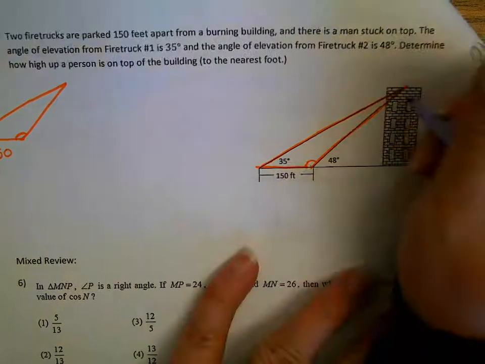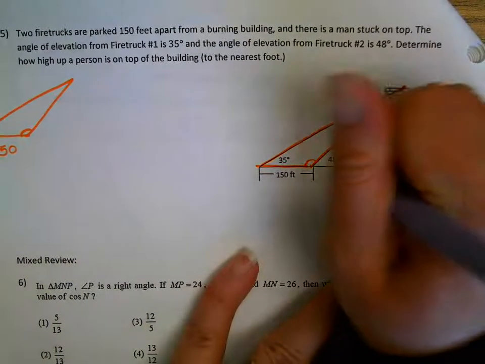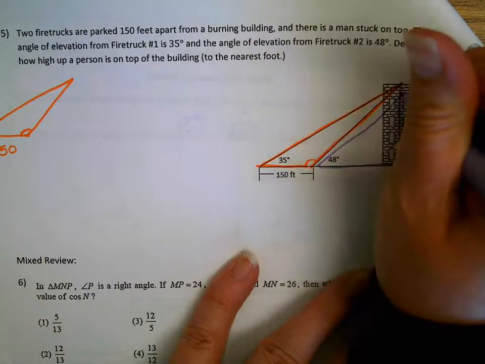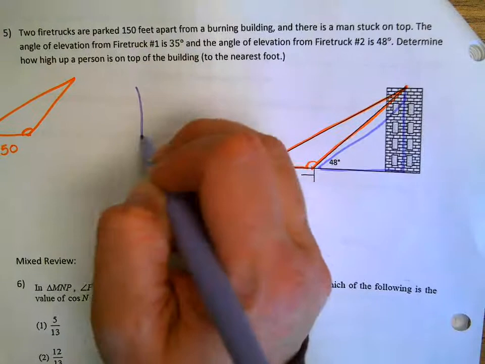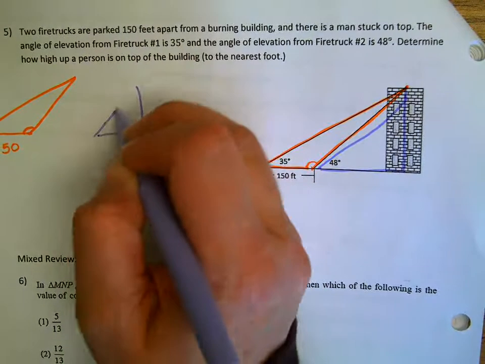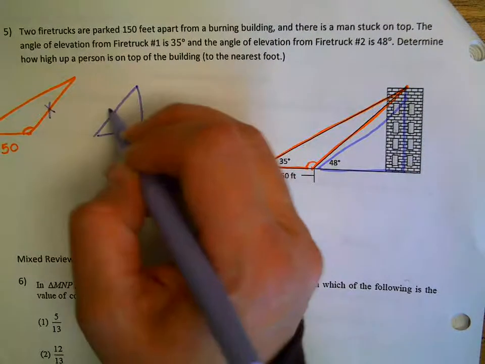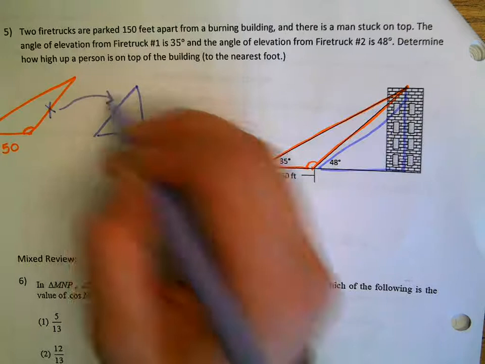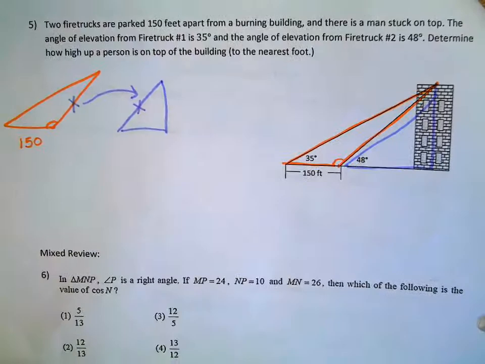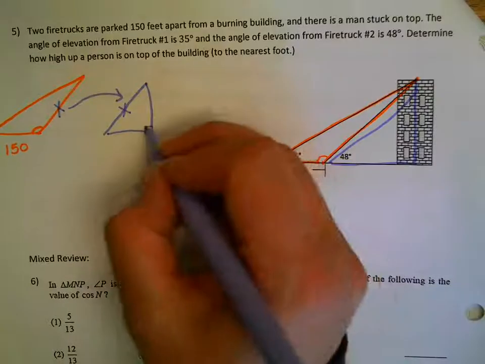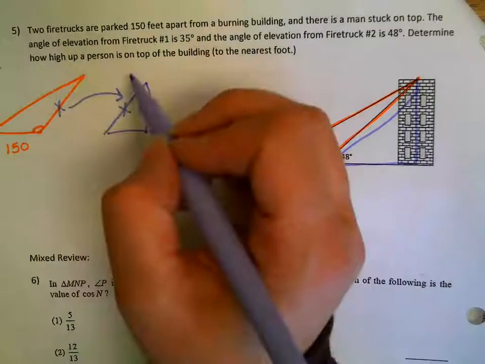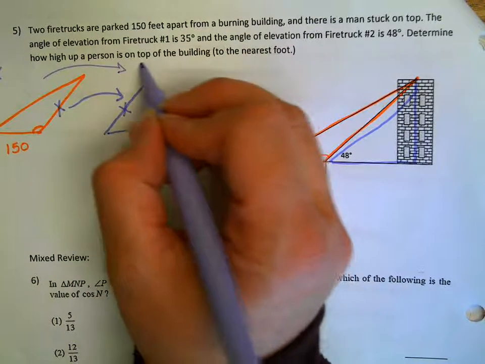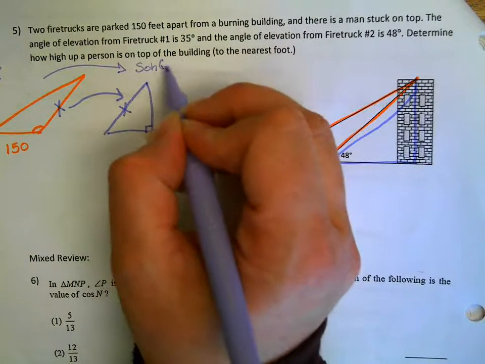And then the second right triangle shares this side. So you're going to find this side and utilize it in the second right triangle. You're going to start with law of sines, and then you're going to move to a little SOHCAHTOA.